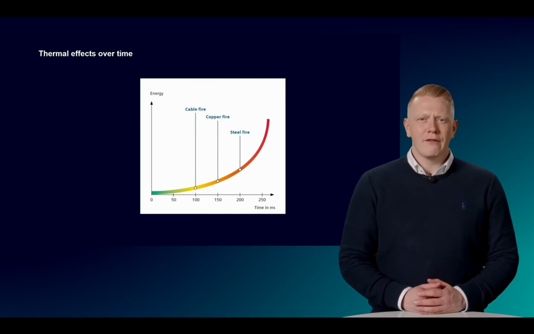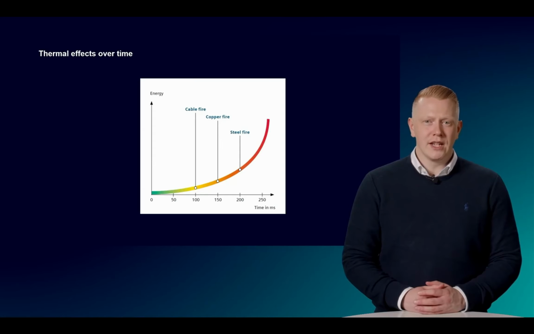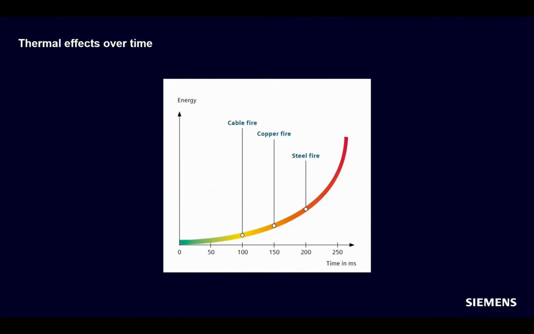Let's recall the graph on the thermal influence that we presented to you at the beginning of the webinar. We see that there is an increased risk of fire beginning in the range of temperature rise from approximately 100 milliseconds. Due to the exponential increase, the risk of damage is increasing with every millisecond.